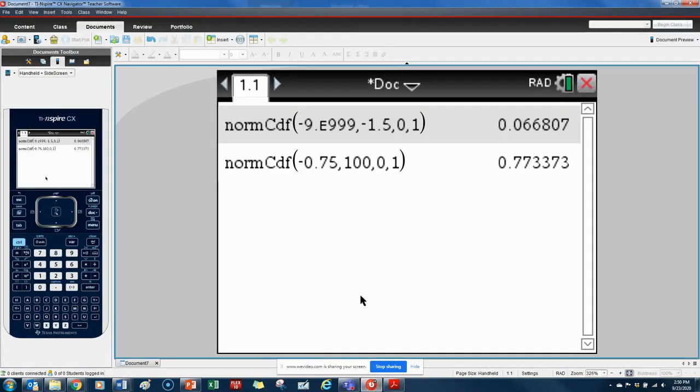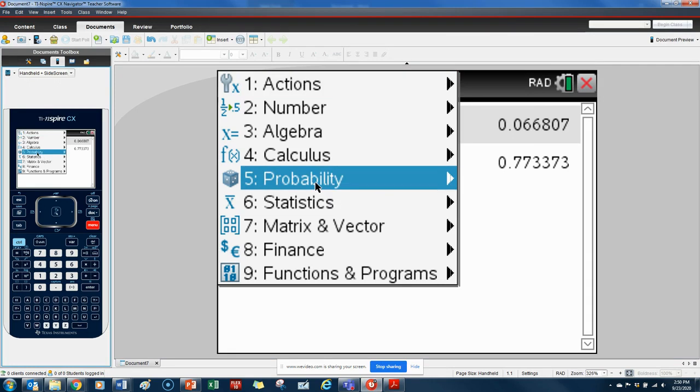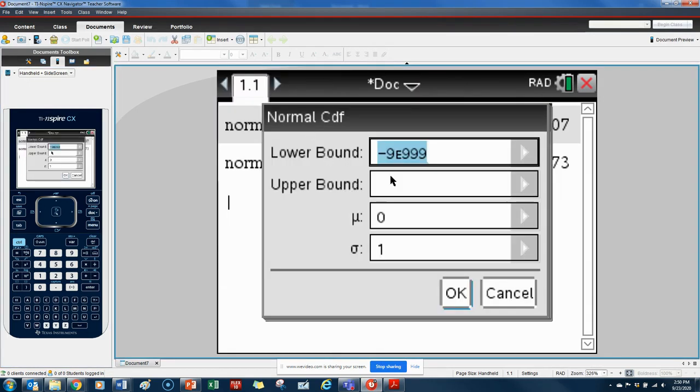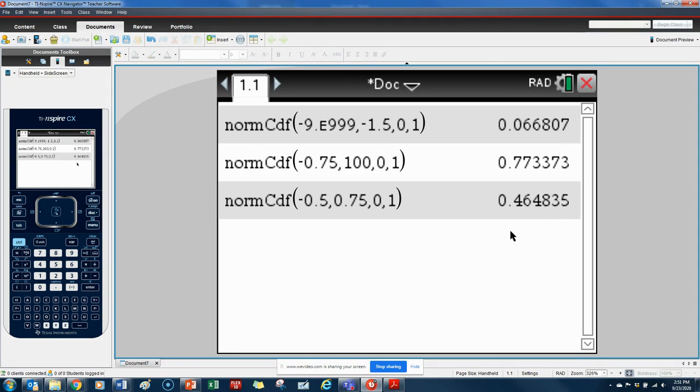So we just go again to our TI Nspire, we hit menu, probability, distributions, normal CDF. Again, this one now, the lower bound would be negative 0.5. The upper bound would be 0.75. And again, same mean and standard deviation. So we just hit OK. And so the answer would be 0.46.